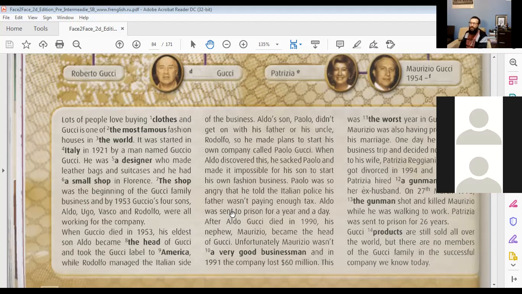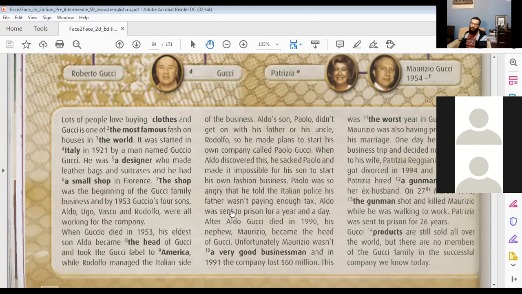What about Patrizia in the end? What do you think of what she did? What did she do, Patrizia? The wife of Maurizio. She killed Maurizio.